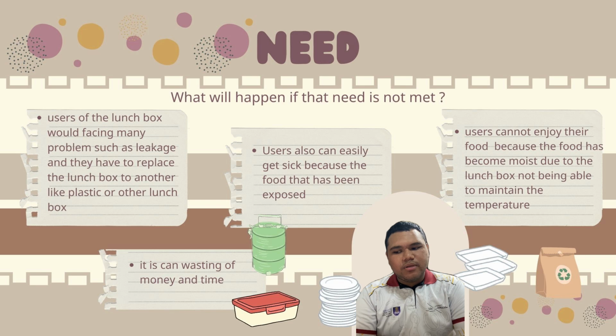Third, the user cannot enjoy their food because the food has become moist due to the lunchbox not being able to maintain its temperature. The fourth and last scenario is that the user will have to waste a lot of money and time just to enjoy eating their food while using a lunchbox.